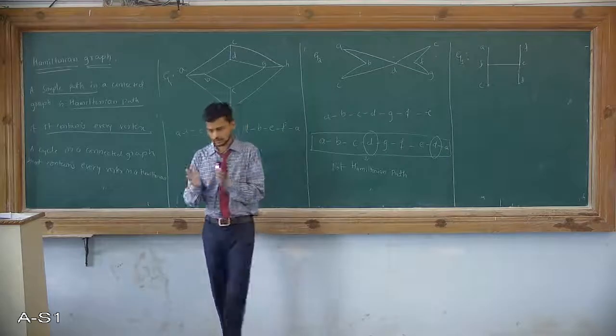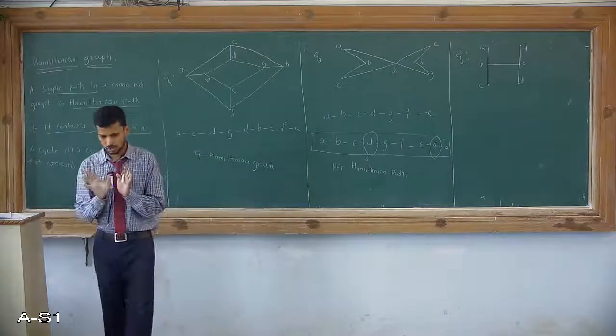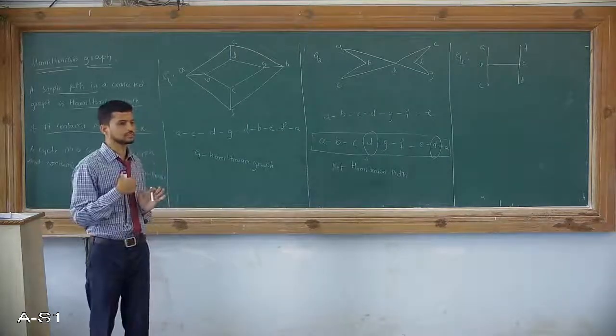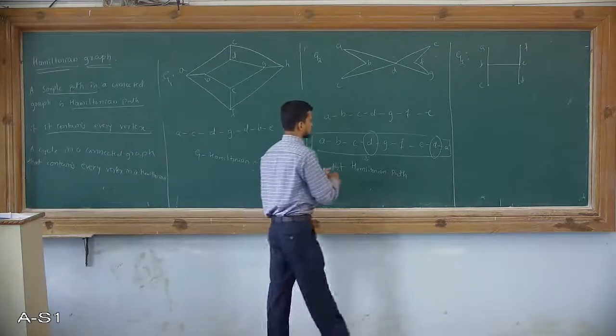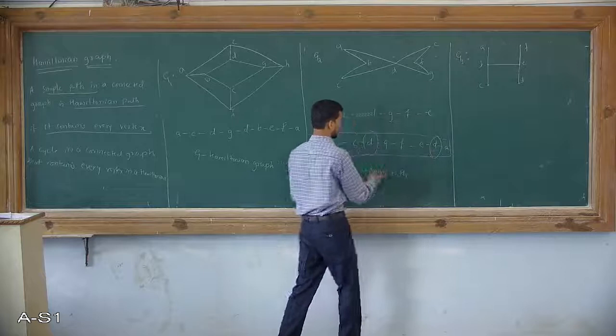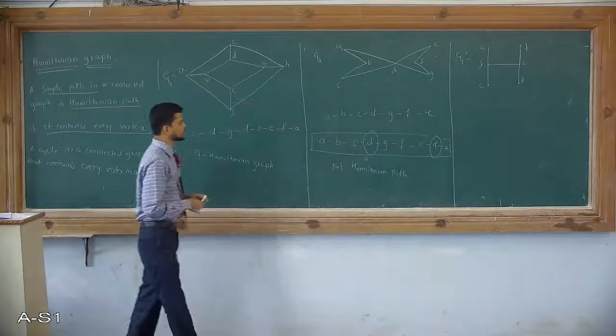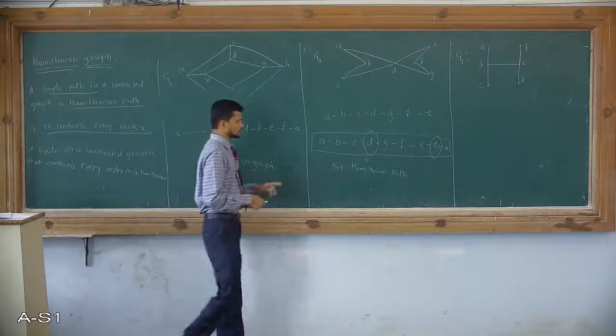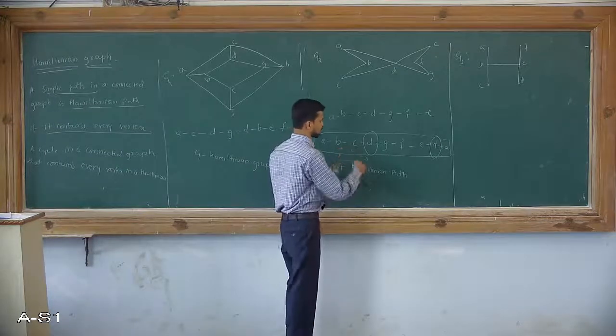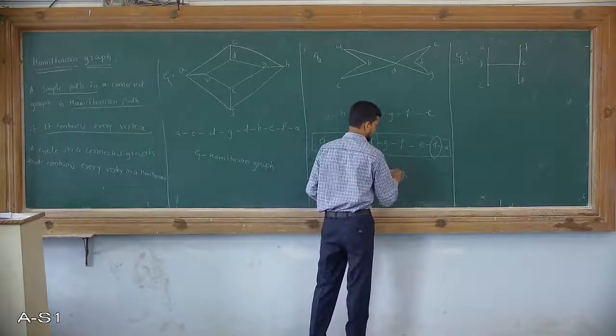Excluding endpoints, all the vertices we have to pass exactly once. But here, we are passing the vertex D more than one time. So therefore, this is not a Hamiltonian path, which means this is not a Hamiltonian cycle.